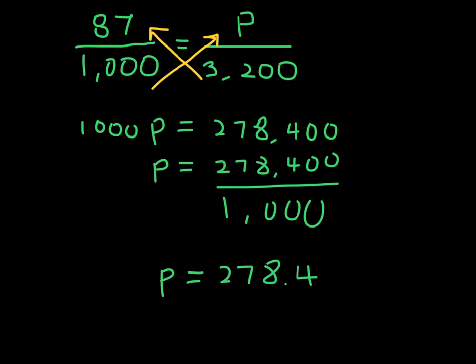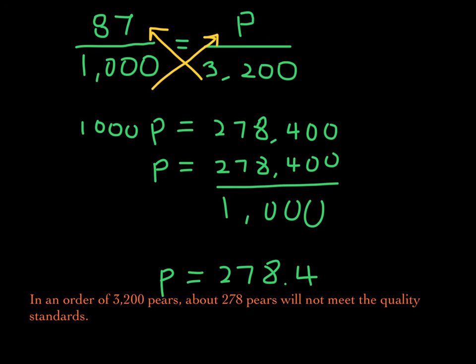So let us approximate here. Let's either keep the number 278 or round up to 279. Because this number here is less than 5, I'll round it to 278. So something like this would be great. In an order of 3,200 pears, about 278 pears will not meet the quality standards.